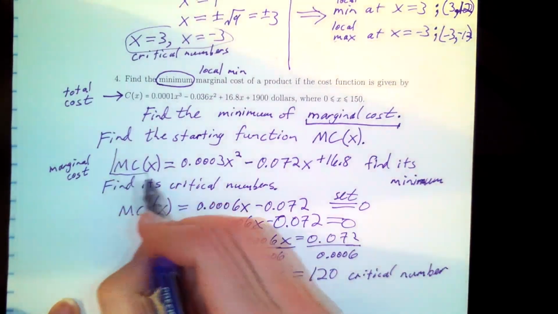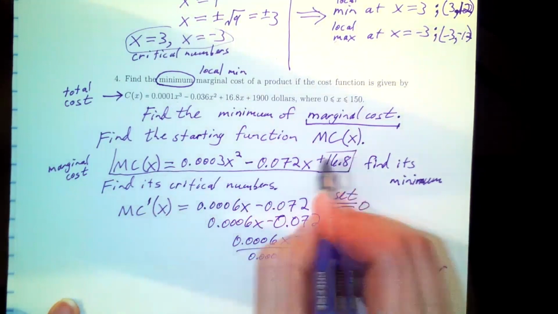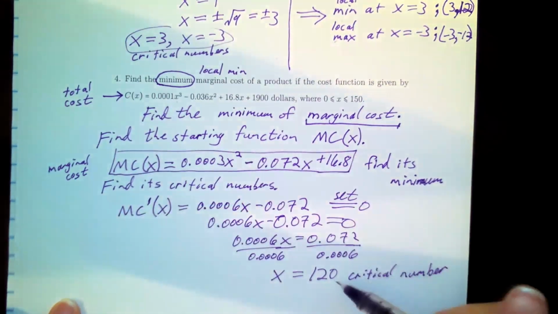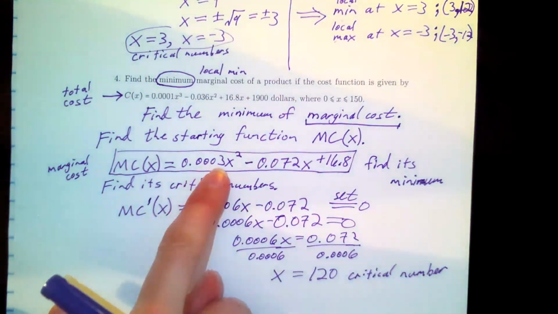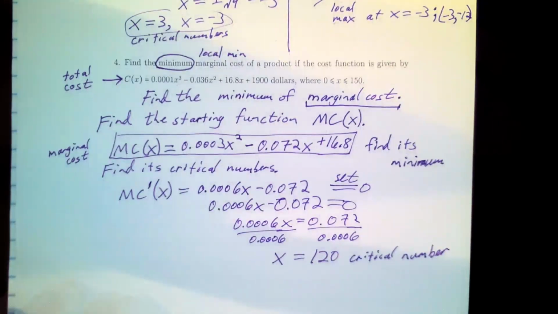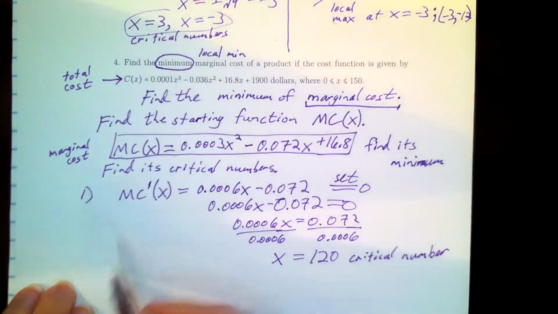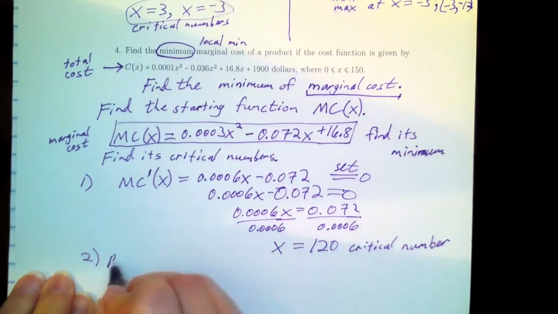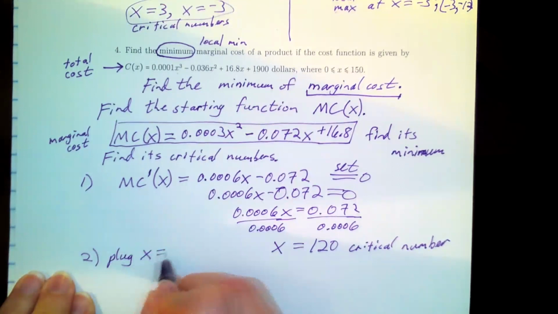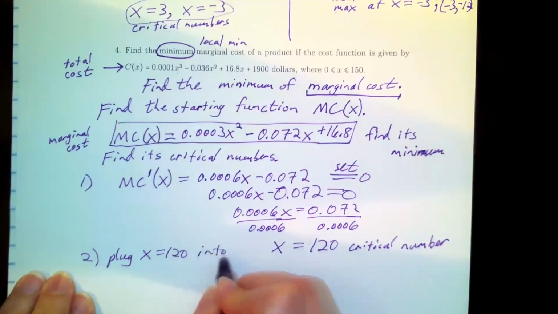So this is my primary function. So this is the potential max or min of that. How am I going to verify that it's a max or a min? Well, I'm going to do step 2 of this process, which was what? Plug the critical number into the second derivative.